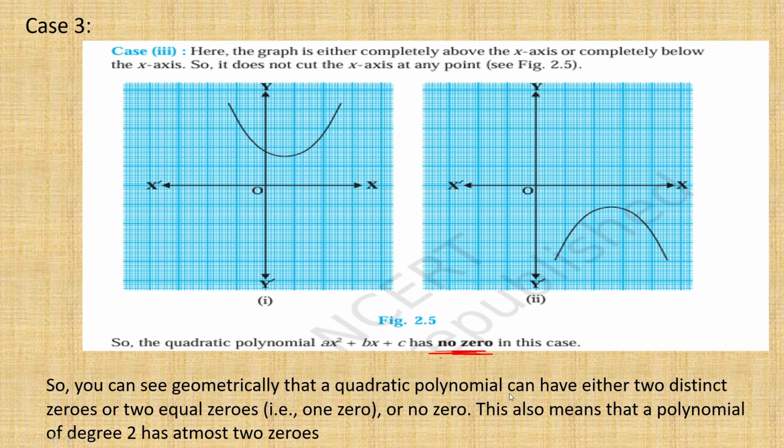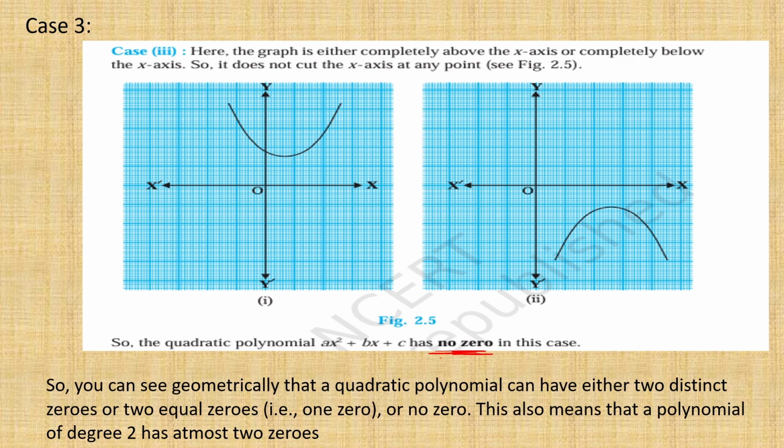So the possibility is either 2 distinct, separate zeros, or 2 equal zeros, that is 1 zero, like x equal to 3, or the no-zero case. So this polynomial has at most 2 zeros. The degree of the polynomial is 2, so a quadratic polynomial has at most 2 zeros.